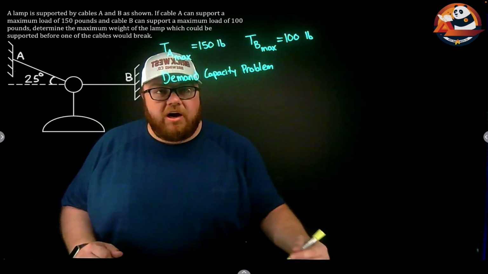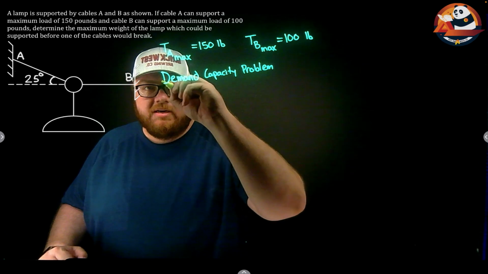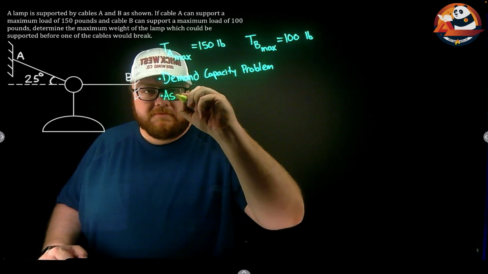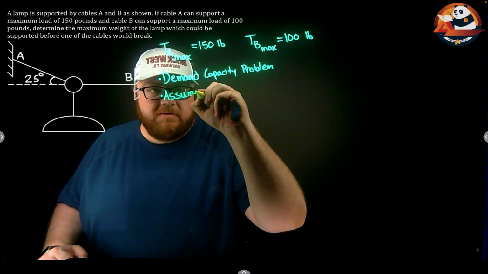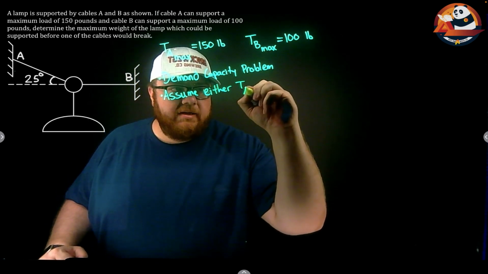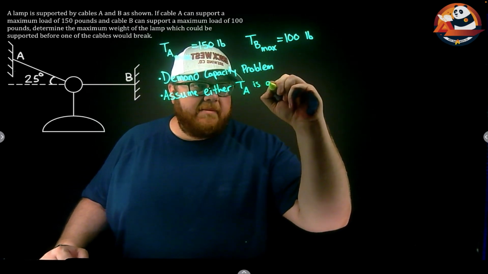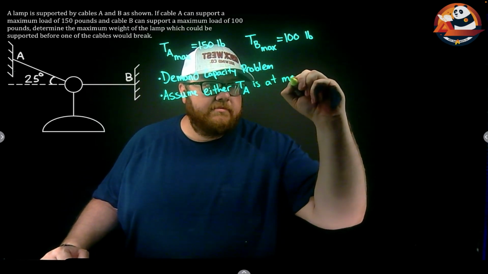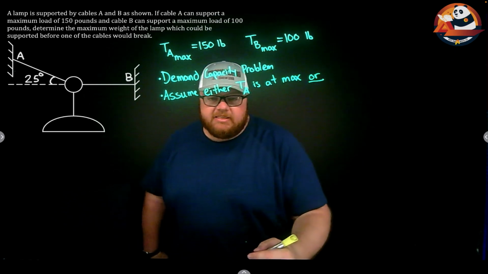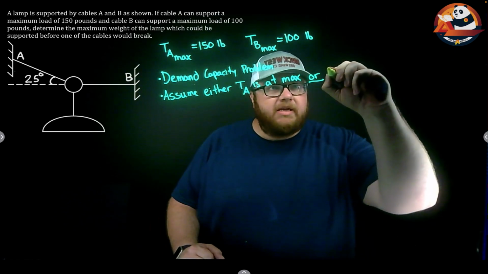So if we're doing a problem like this, we need to make an assumption. We're going to say let's assume either TA is at max, or TB is at max.